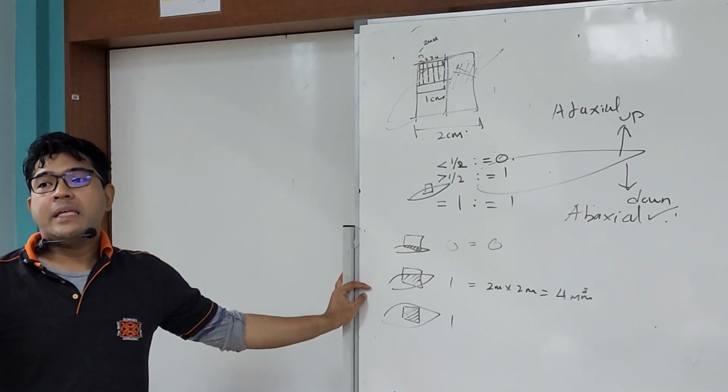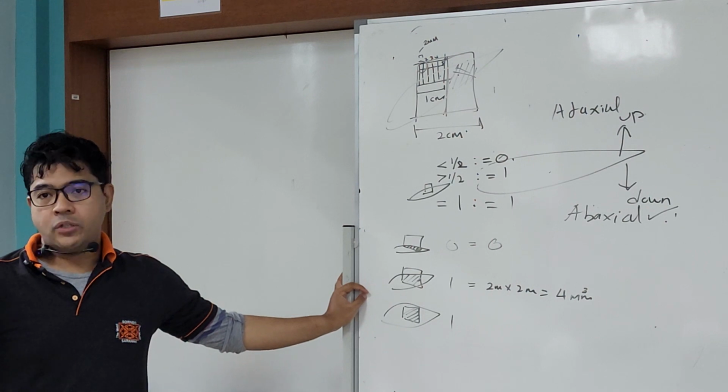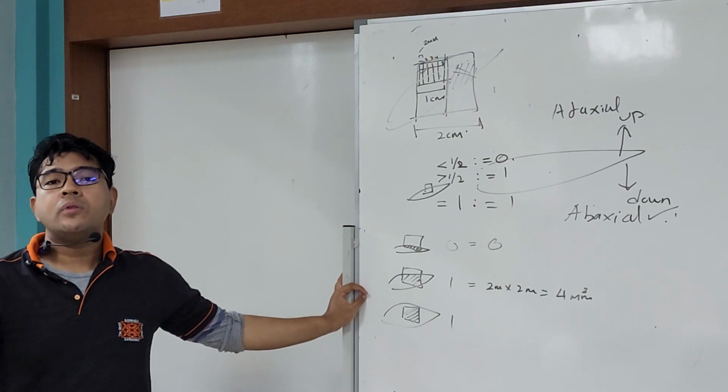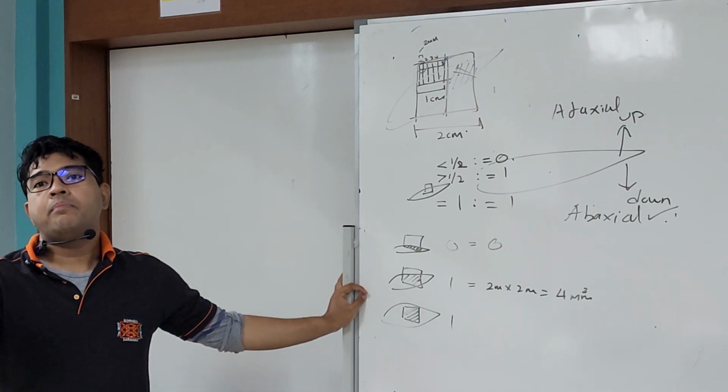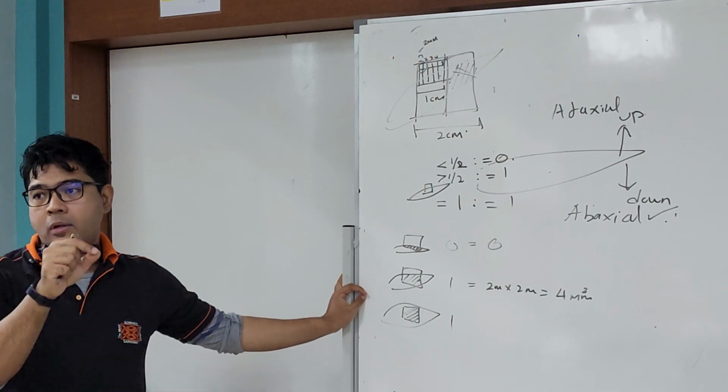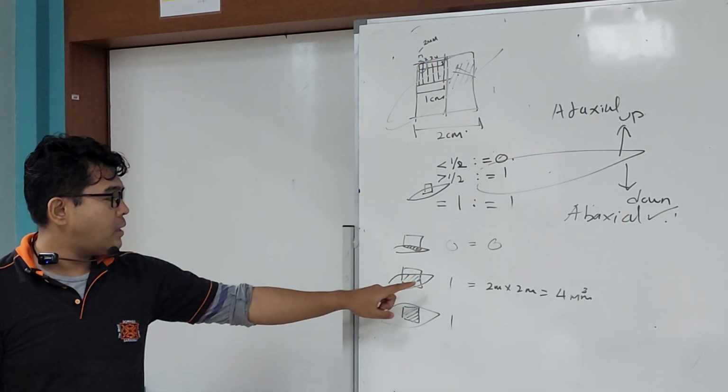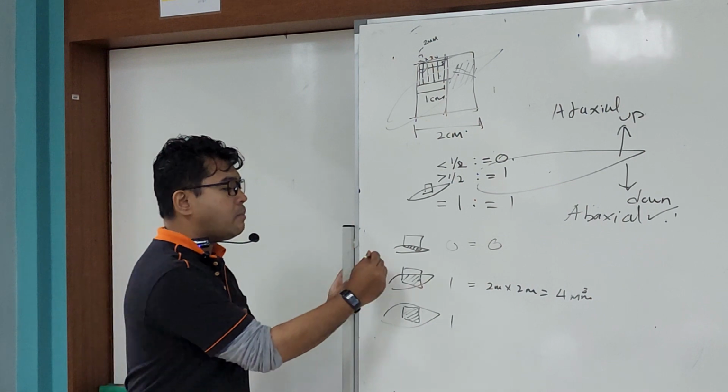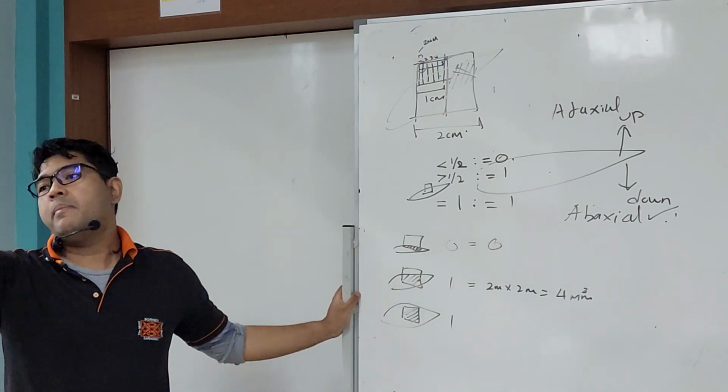To ease your visualization, maybe you can use multiple pen colors. For the smallest square, whenever it has reached either this or this, simply tick it with maybe red color.